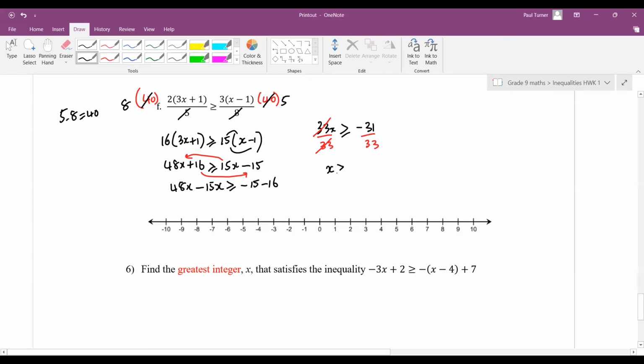So x will be greater than or equal to minus 31 on 33, which is a little bit less than minus 1. So that's around almost minus 1, but not quite. So mark that on your line. And because it's not very clear what the number is, you can write it in. Minus 31 on 33 there.